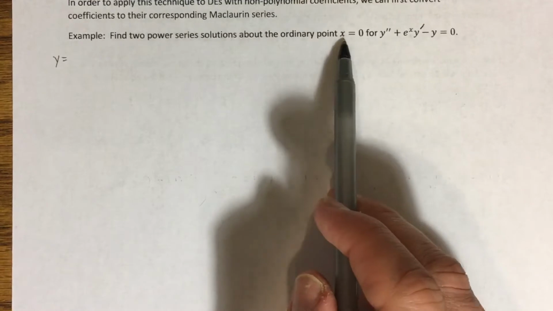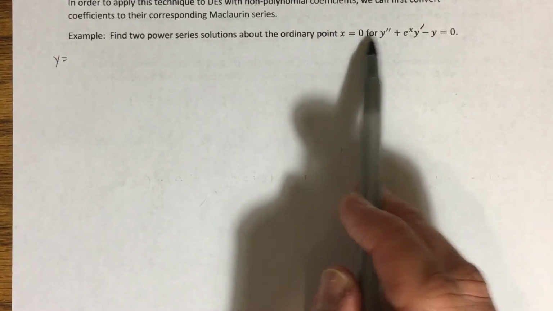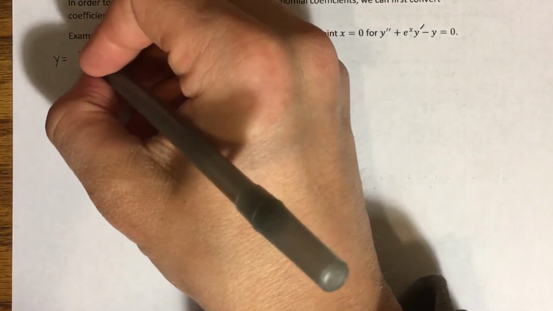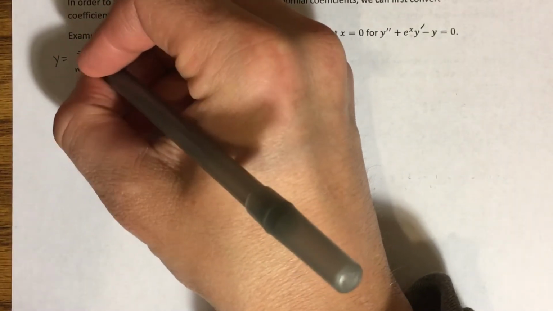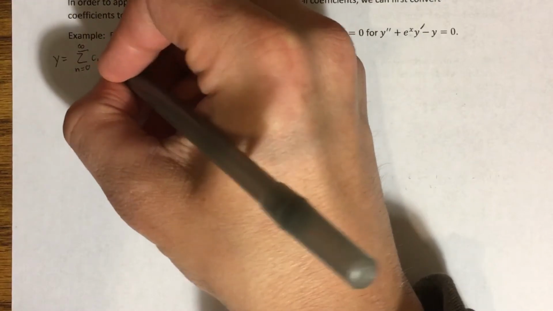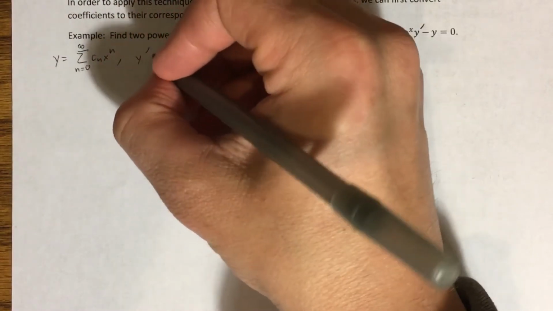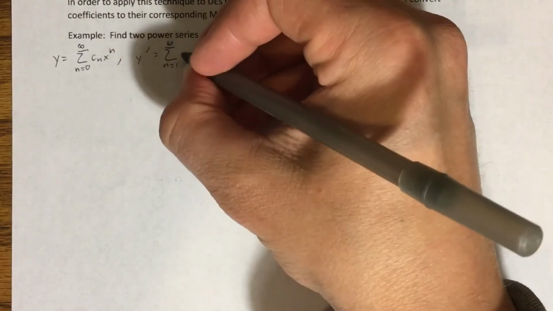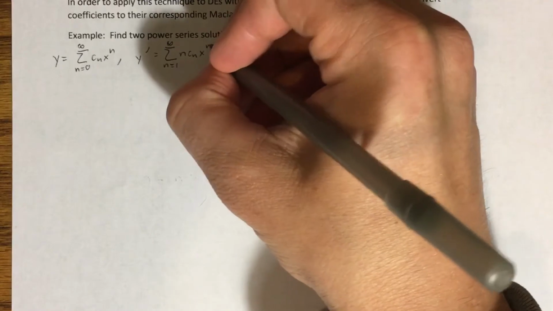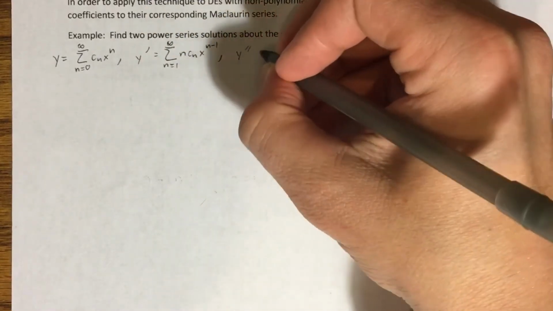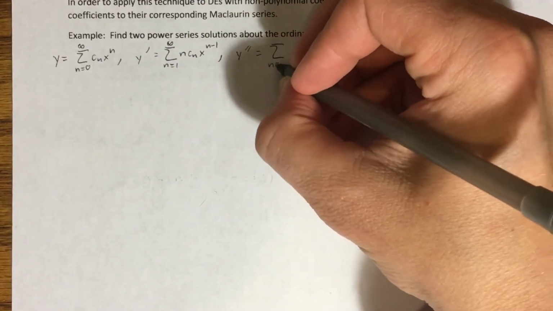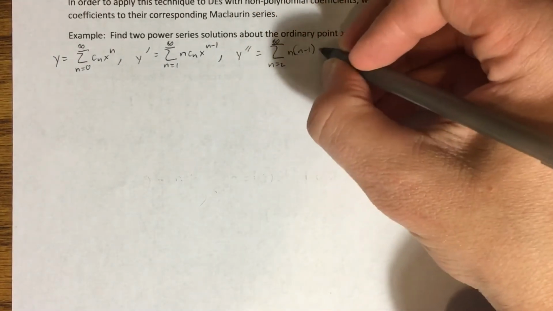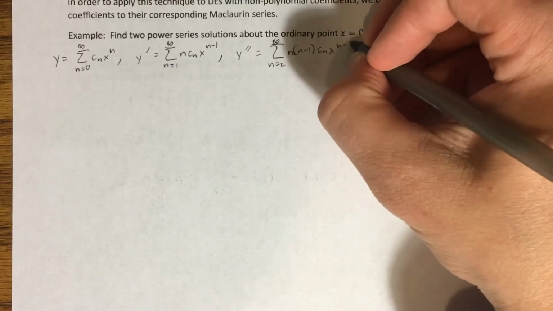Once again, we're going around the ordinary point x equals 0, and it's easy to show that that is an ordinary point for this. y will be equal to this series, n equals 0 to infinity, c_n x to the n, which means y prime is going to equal this series, n equals 1 to infinity of n c_n x to the n minus 1. y double prime will equal this guy, n equals 2 to infinity n times n minus 1 c_n x to the n minus 2.